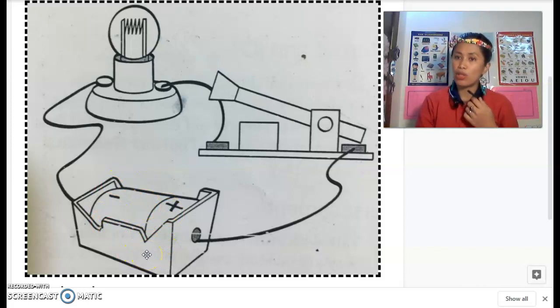Sometimes there's no need to use a battery or cell holder because some batteries, especially the big ones, have all the terminals, the positive and the negative, on top. So there's no need for a battery holder. And then this one is the switch. The switch can either break the electricity or make it work. Again, this switch is off.